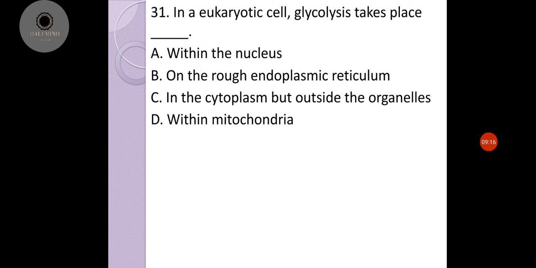Okay? Number 31. In a eukaryotic cell, glycolysis takes place. Again, saan nga mangyayari yung glycolysis? In the cytoplasm. Okay? In the cytoplasm but outside the organelles.